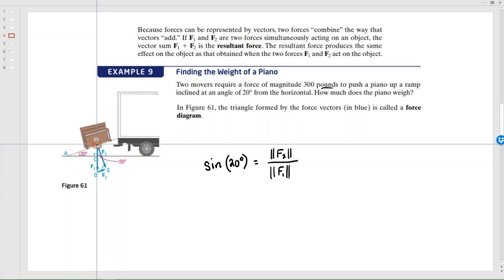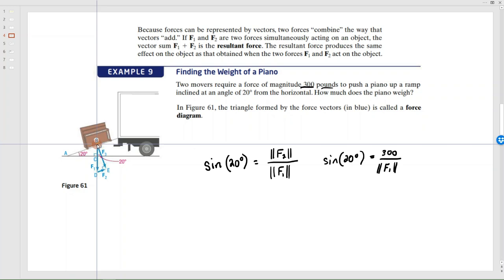Now we do know that this F2 required is 300 pounds, so we can actually substitute, and we're going to have the sine of 20 degrees equals 300 over the magnitude of force vector 1.